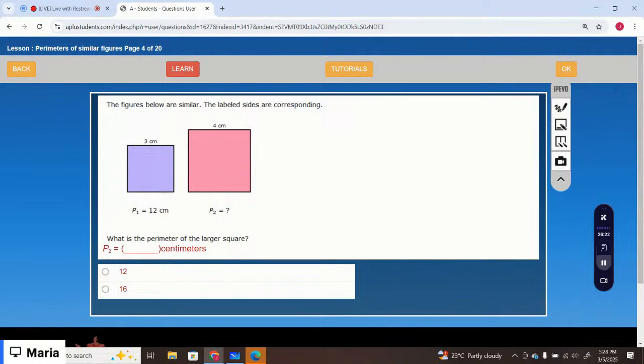The figures below are similar. The labeled sides are corresponding. What is the perimeter of the larger square?